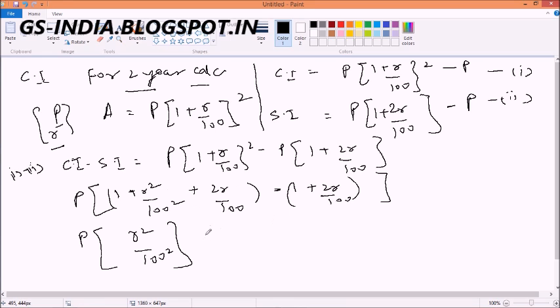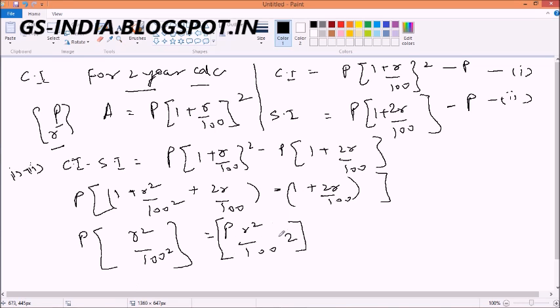So what I have got is basically PR square by 100 square. So what does this value give to me? This value basically tells me that if we are going to calculate the difference between compound interest and simple interest for a time period of 2 years, the quantity that I will get is this PR square by 100 square.